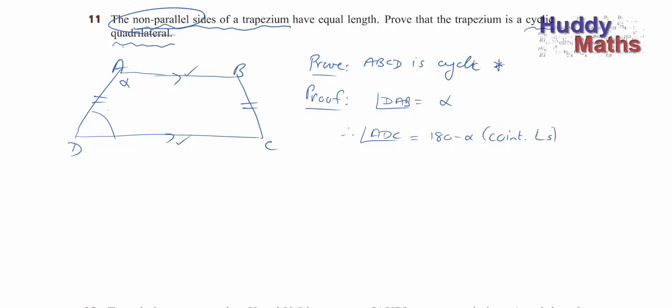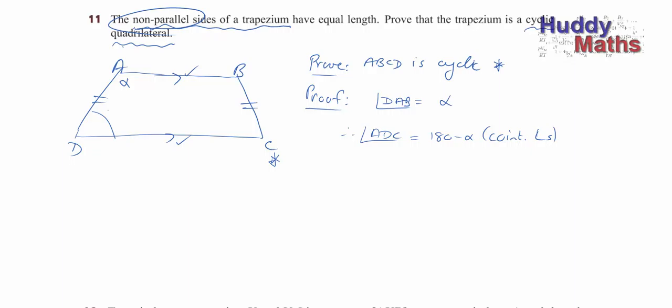And so that's good, but what we need to do is to work up towards the other end of the figure up here to point C, because we've got to incorporate A, B, C and D as the cyclic quadrilateral.